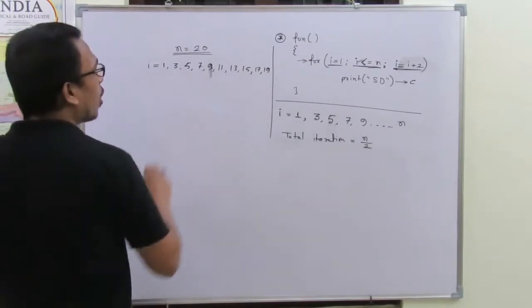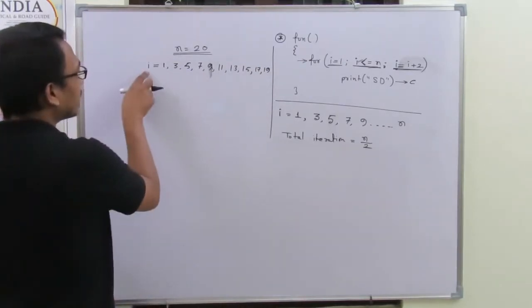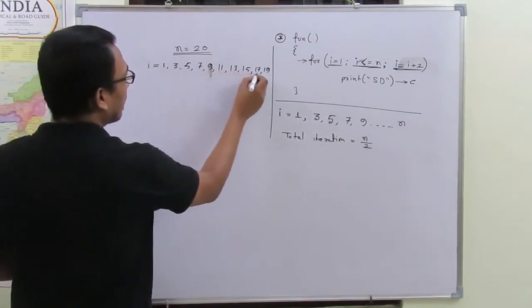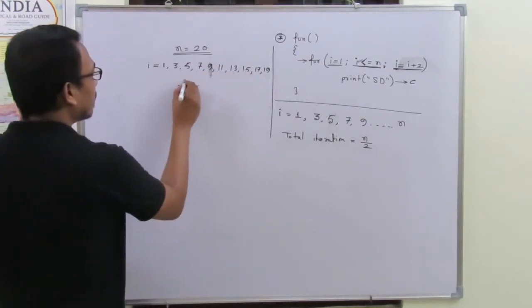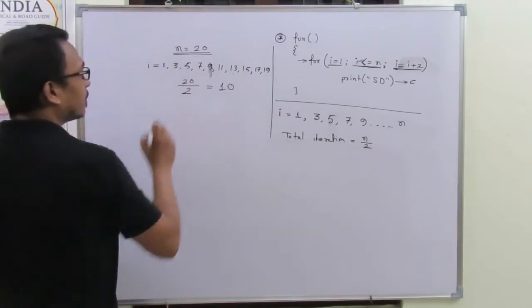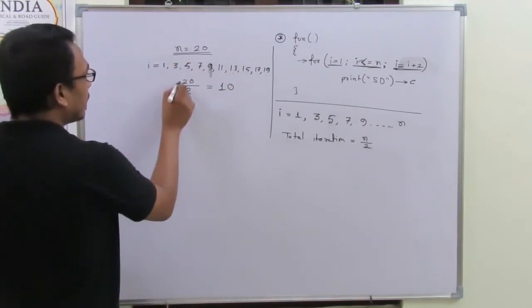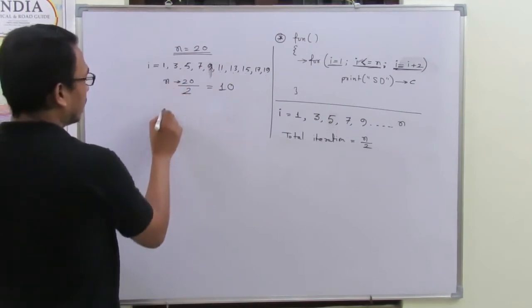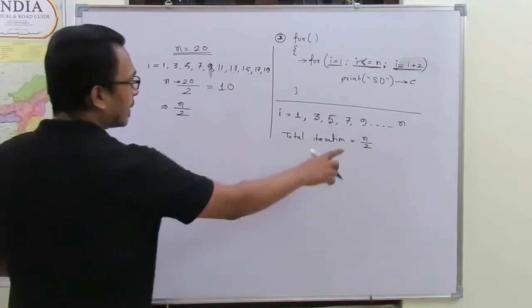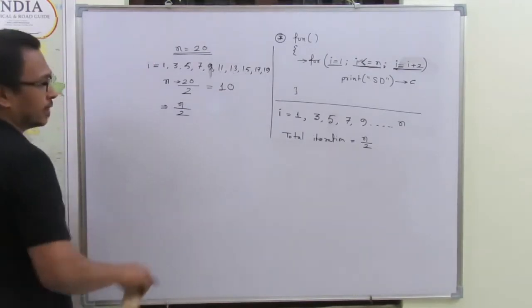Now look here, how many times does this iteration execute? 1, 2, 3, 4, 5, 6, 7, 8, 9, 10. That is 20 by 2. That's what we get, 10. And this 20 is our n. That's why we get the value n/2 as our total number of iterations.